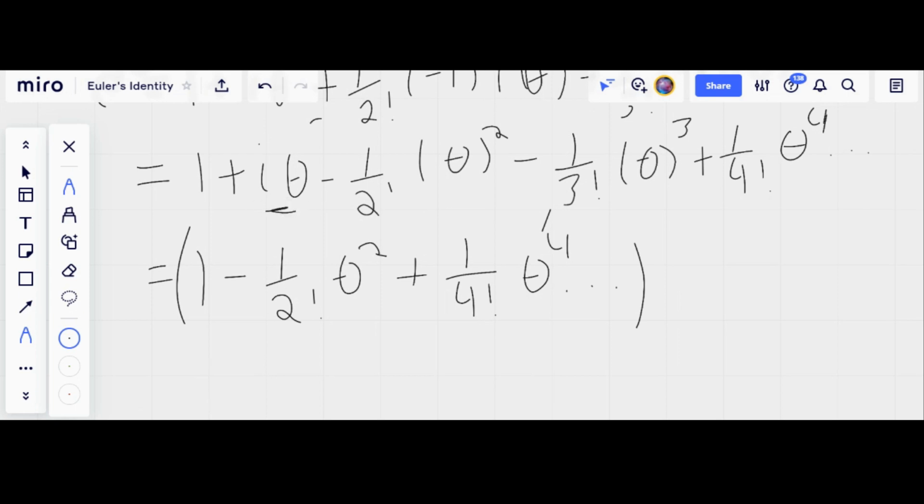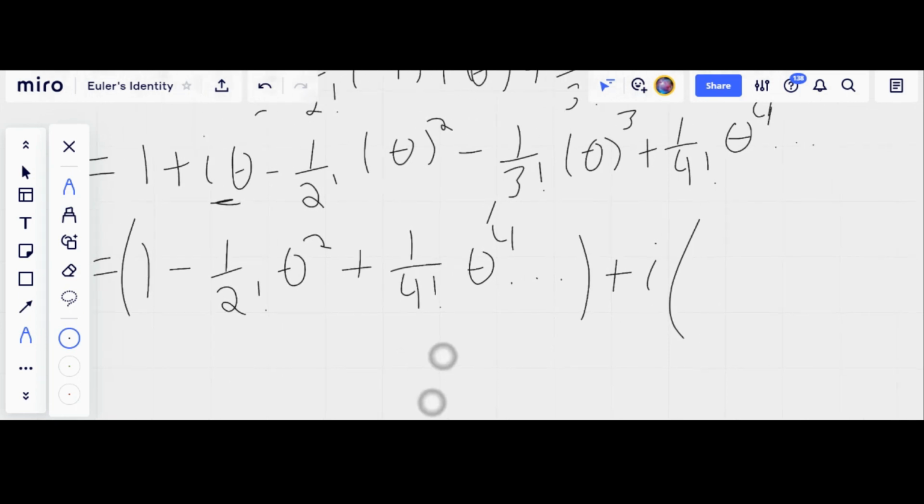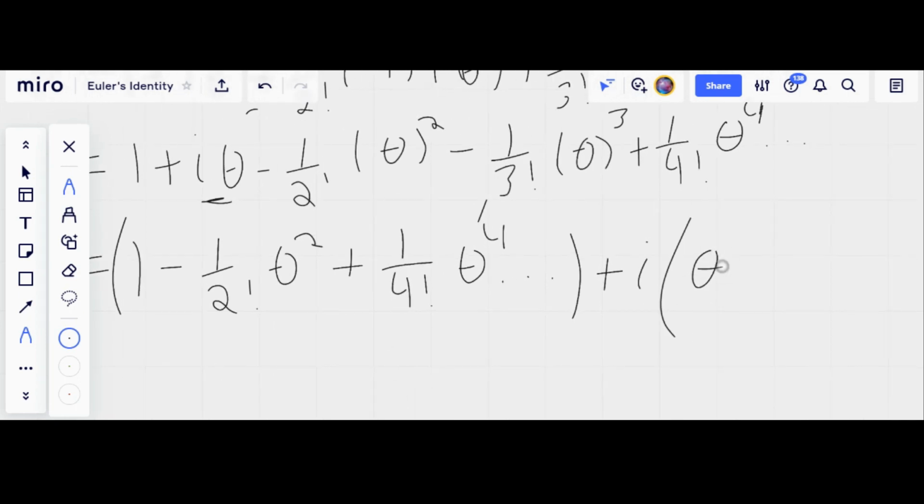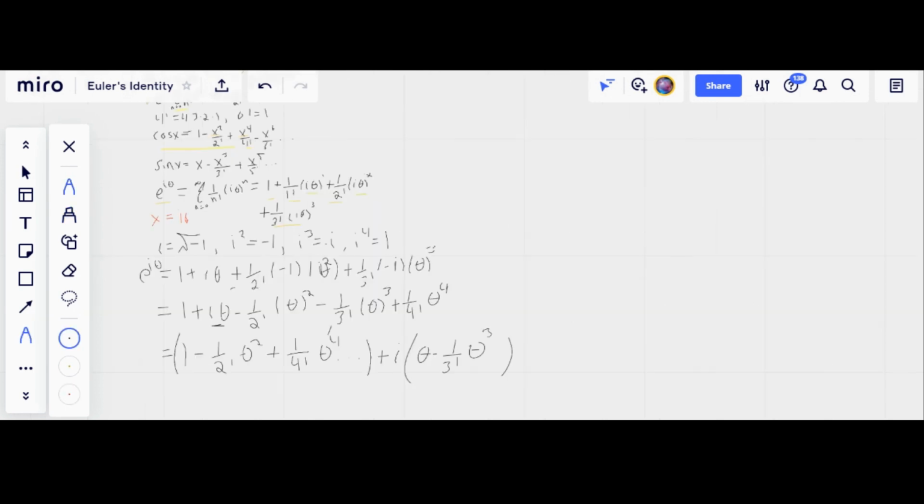As you can see here, we have i theta, so we pull out the i from all these terms. We're going to have theta, minus 1 over 3 factorial times theta cubed, dot, dot, dot. And if you write out more terms of this expansion, the next term is going to be plus 1 over 5 factorial times theta to the 5th, and so on and so forth.